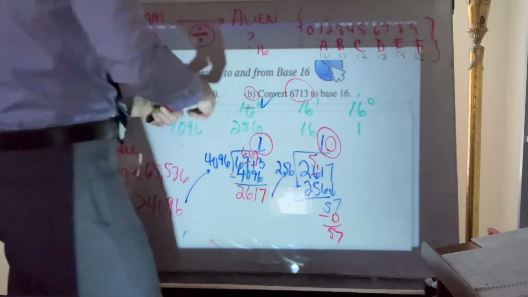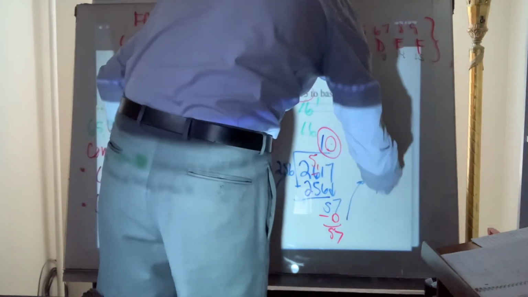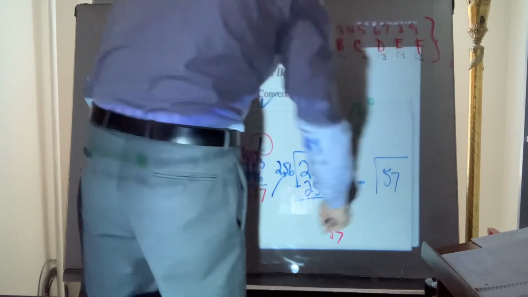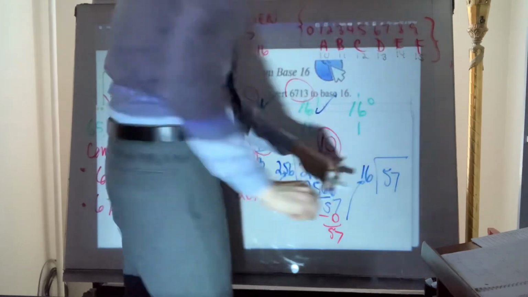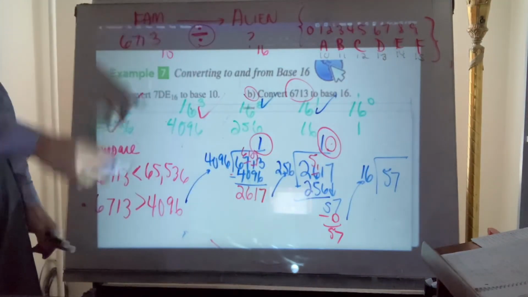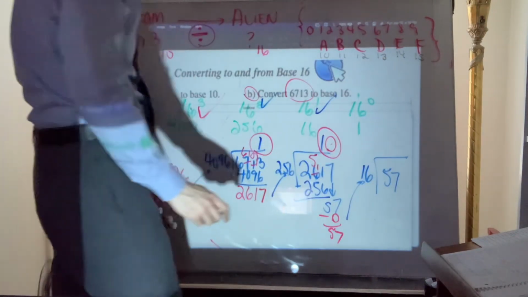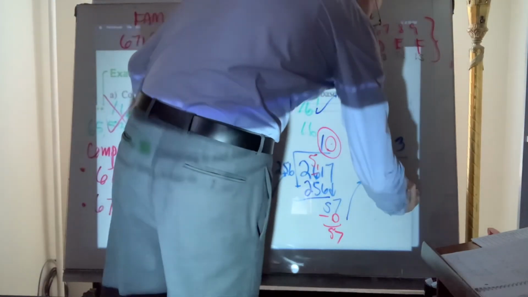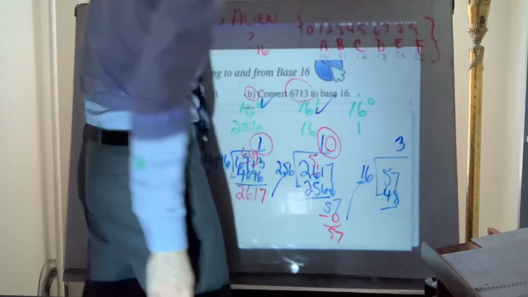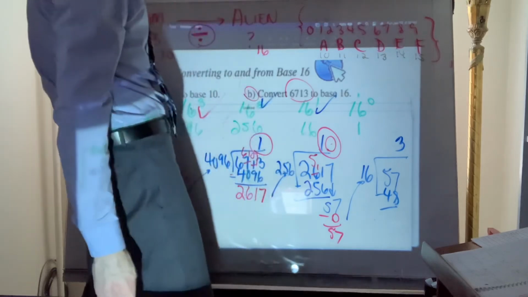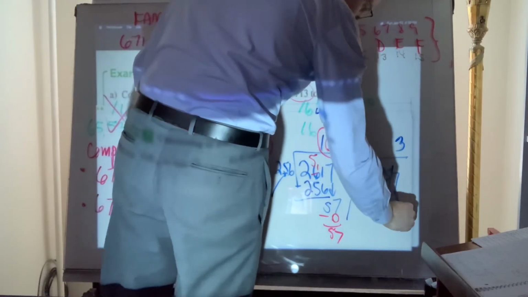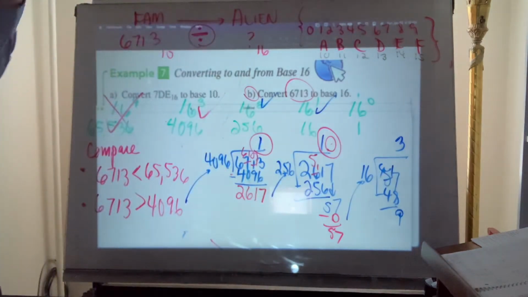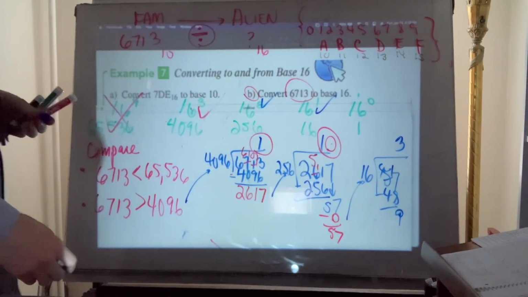We continue. 57 divided by 16. 16 goes into 57 about 3 times, which would be 48. The difference is 9.